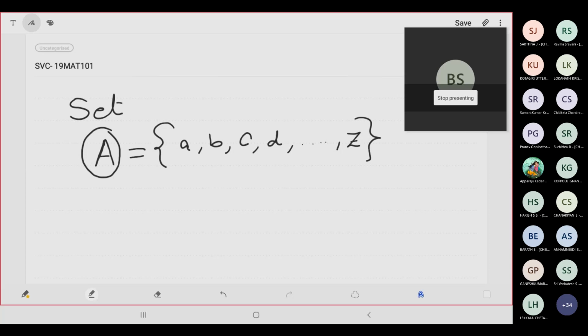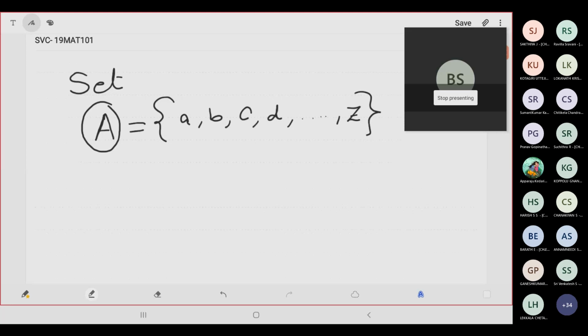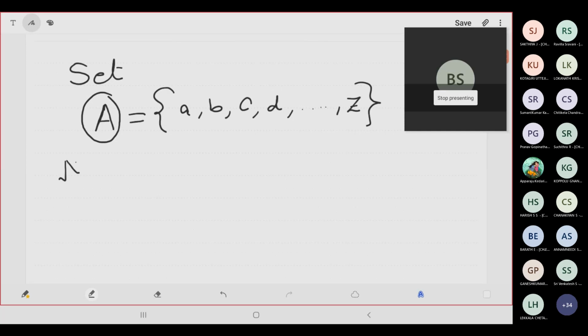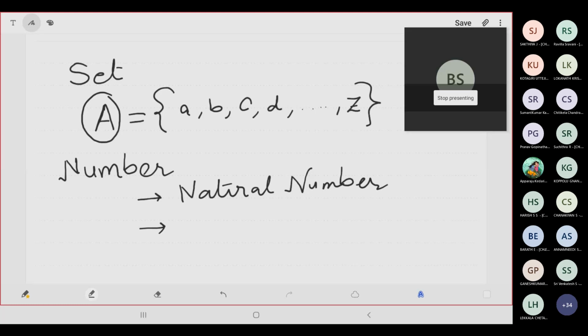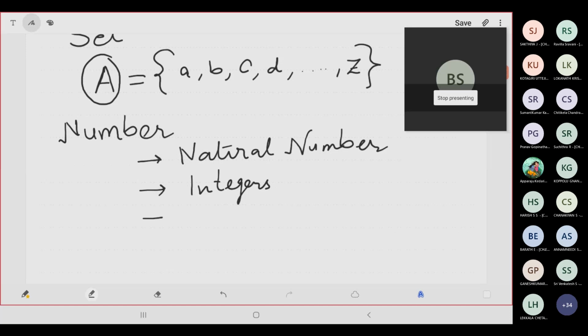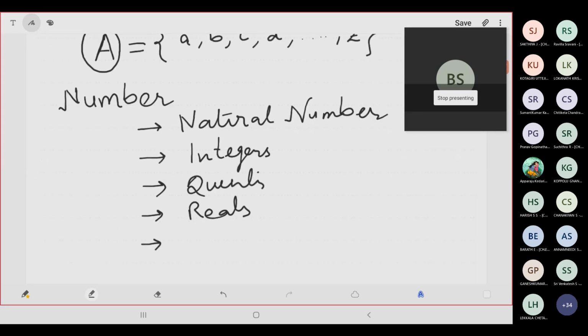Now, you have an idea about numbers. Like the first one, natural numbers, integers, quotients, reals, and complex numbers.